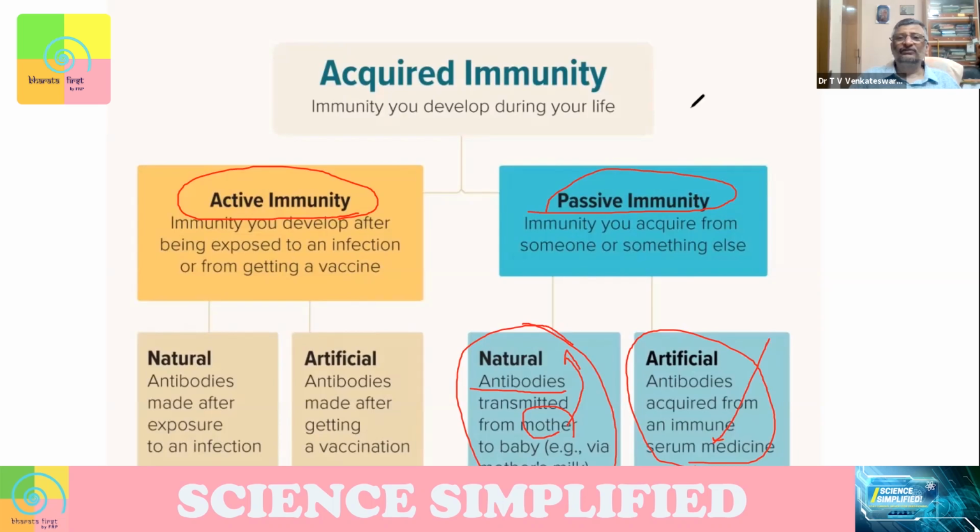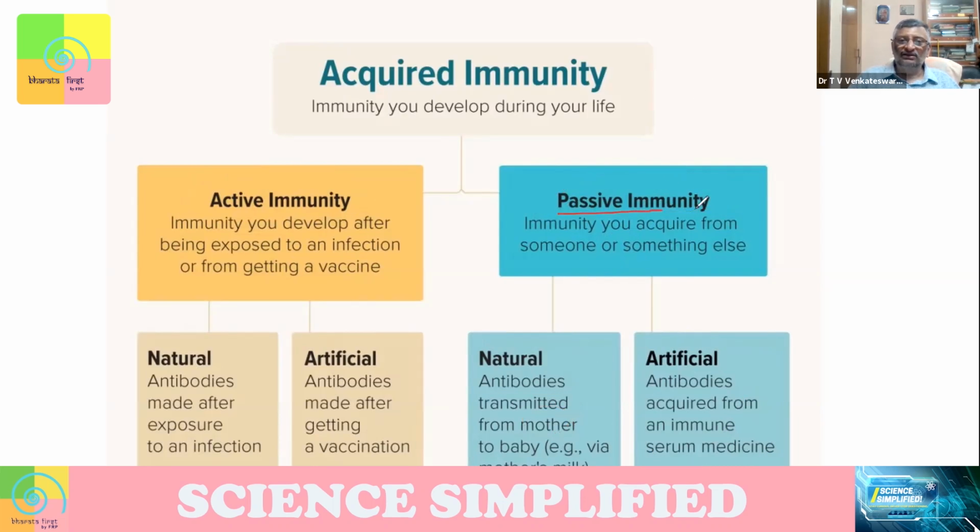Why is this called passive? Because this immunity will work only as long as these antibodies are there. Nothing in our body is permanent, right? Blood cells live only for a certain number of days. After that, the blood cells die and new blood cells come in. Similarly, skin cells die and new skin cells are born.